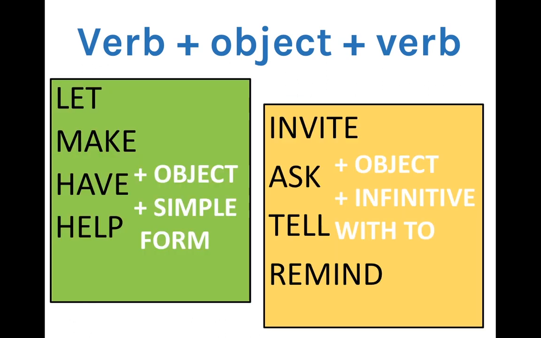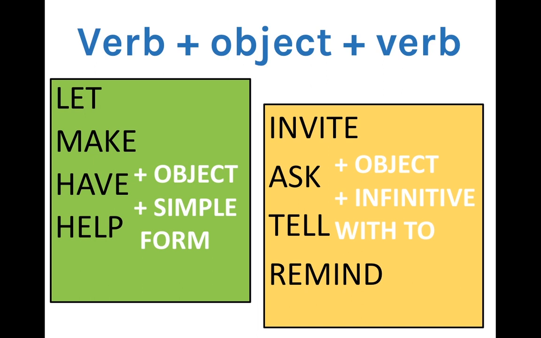Remember, for this unit, we're going to use these 8 verbs that are included in the book. Let, make, have, and help. After these 4 verbs, we use the structure object plus simple form, and then we have invite, ask, tell, and remind.